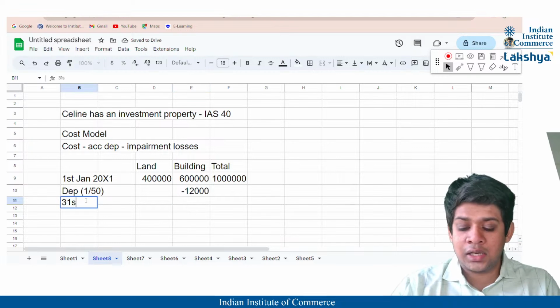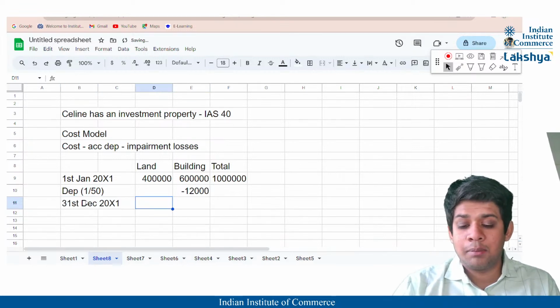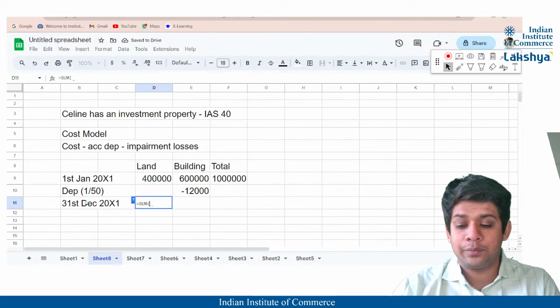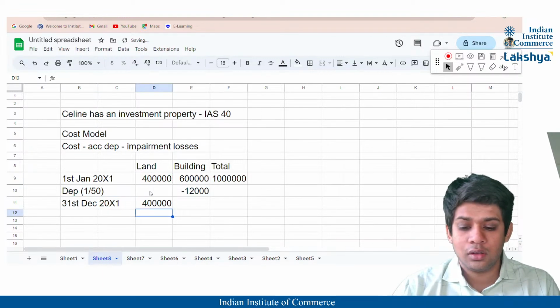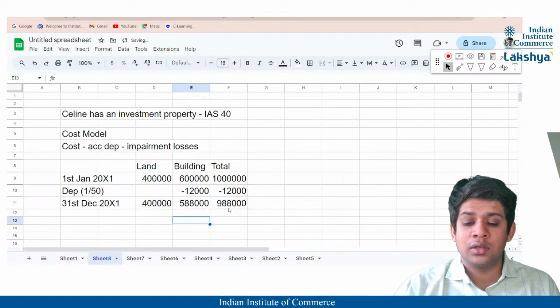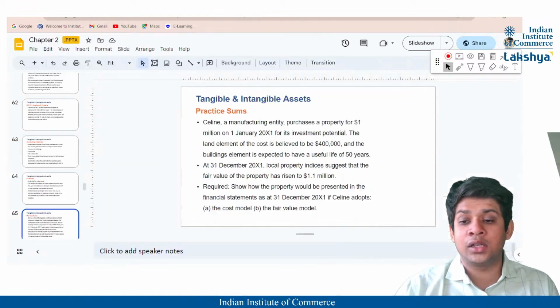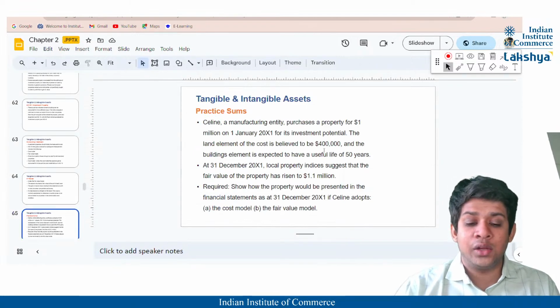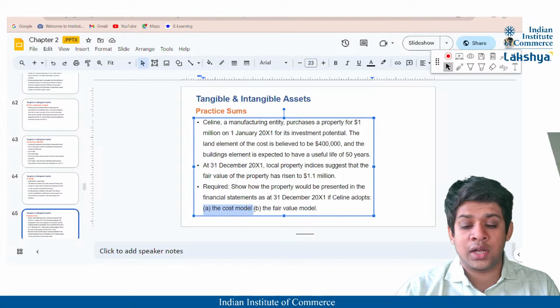So by the year end, that is 31st December 2011, my property value will be 4 lakh plus 5 lakh 88,000. That will be 9 lakh 88,000, right? So technically you can say 9.88 million or 9 lakh 88,000. That is going to be the year end value of my property if I adopt the cost model, guys.